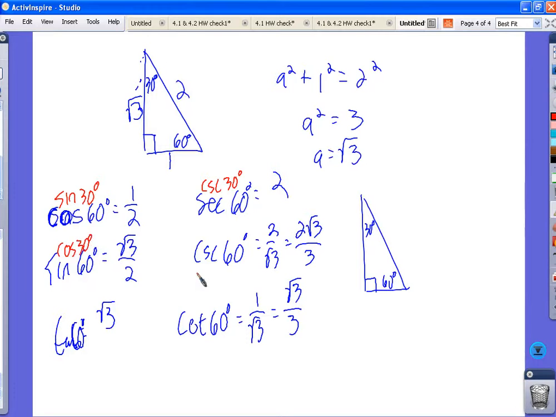And if that's the cosine and this is the reciprocal, this must be the secant of 30. Root 3 over 1, that's opposite over hypotenuse, but for 30 it's adjacent over hypotenuse, and that is the cotangent. And this must be the tangent.